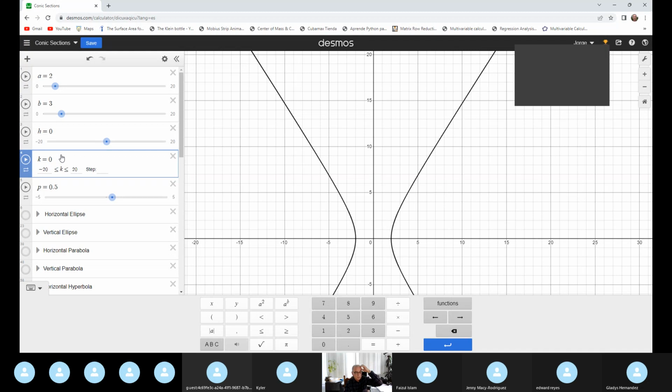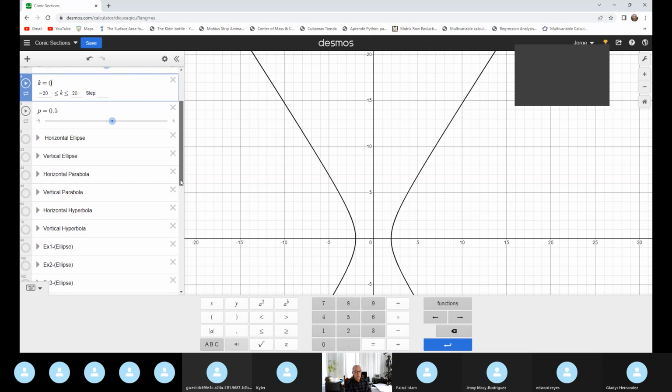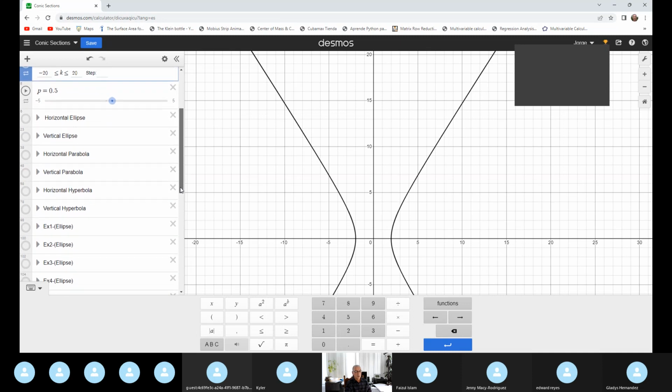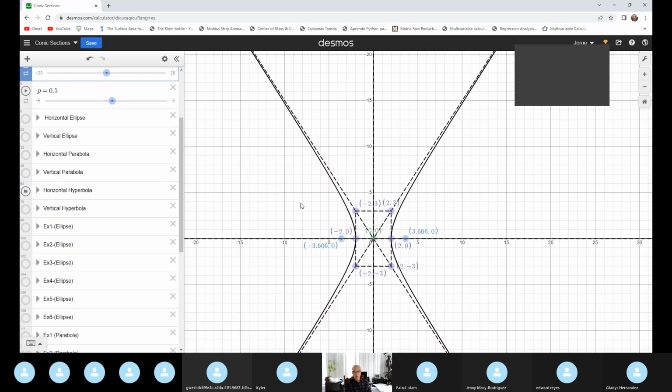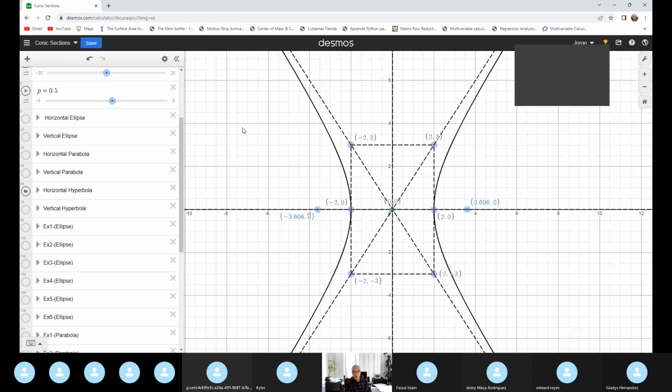I don't care about p, because p is always for the parabola, no? And we are talking about a horizontal hyperbola. Boom, look at that. We have the center 0,0 in green color. We have the vertices at 2,0 and minus 2,0 because a is 2.